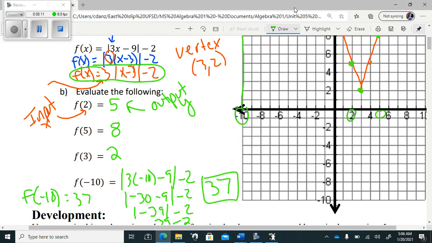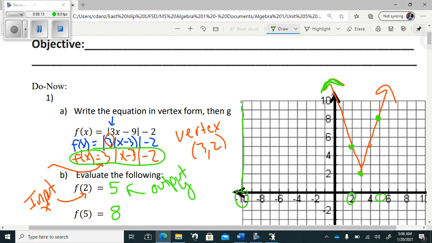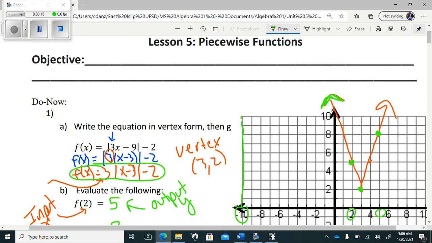Some people actually say that we can call an absolute value function a piecewise function. Just think of the name, piecewise function. What they're trying to say is that we're going to be graphing pieces, and all these pieces put together make one function. Well, can you agree with me that maybe this absolute value graph can be looked at as two pieces?